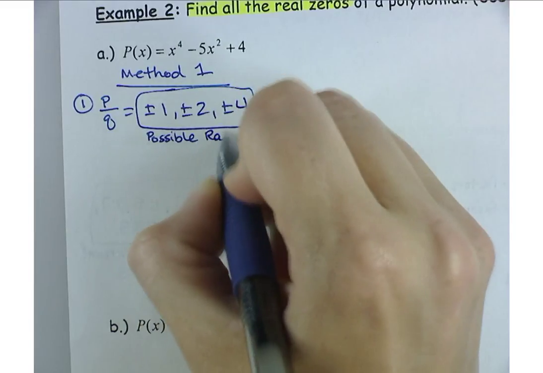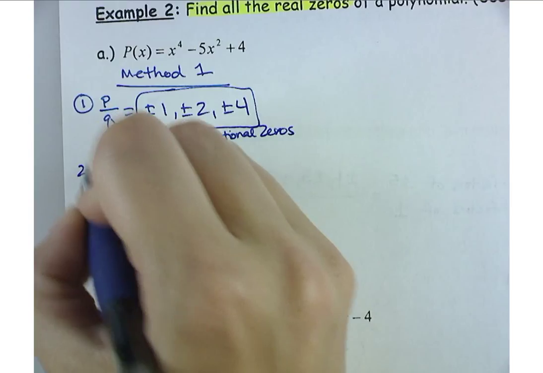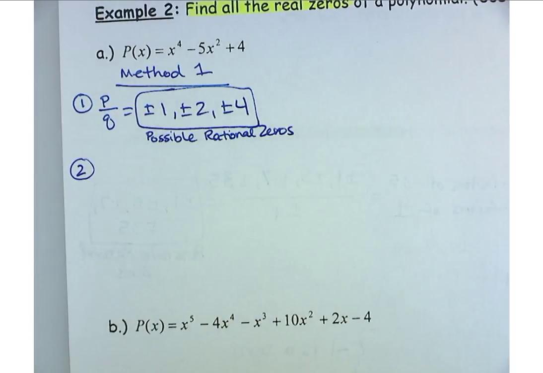And those are the possible rational zeros. Okay, and then step 2, you can guess and check. You can pick your own ones to guess and check, or you can graph it and find the x-intercepts.